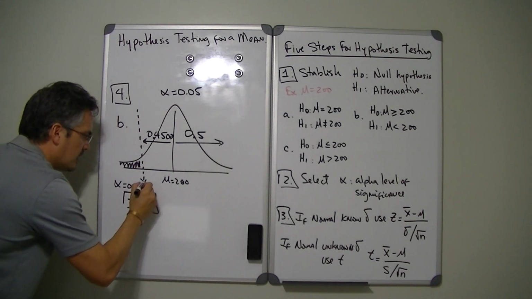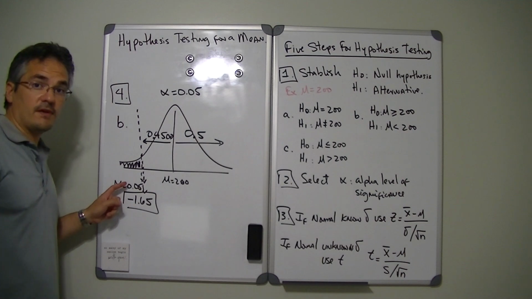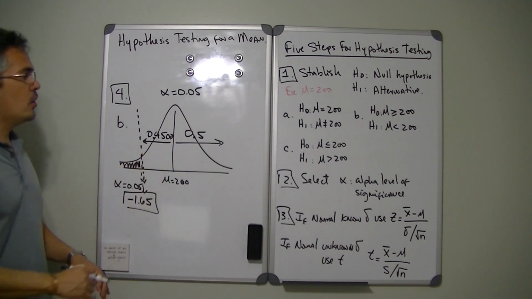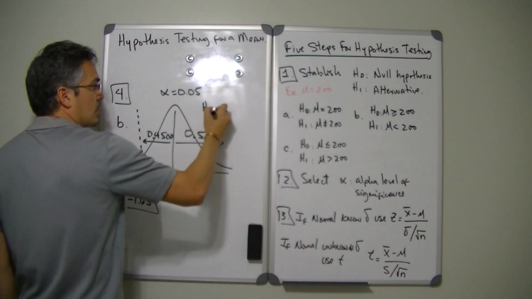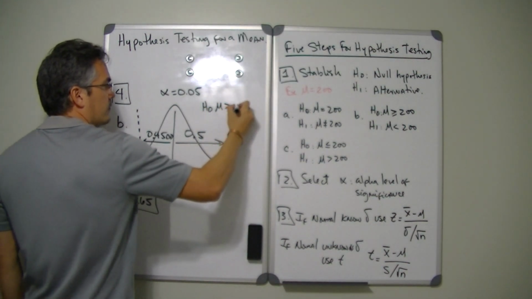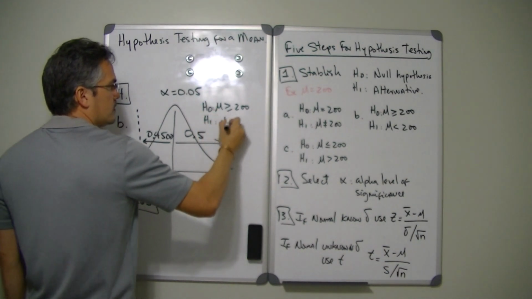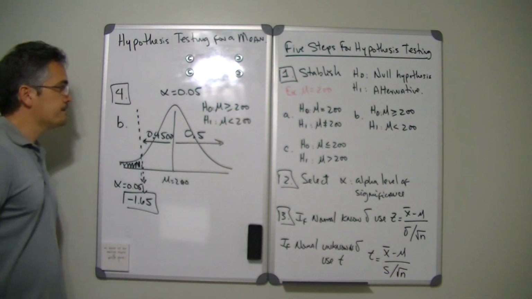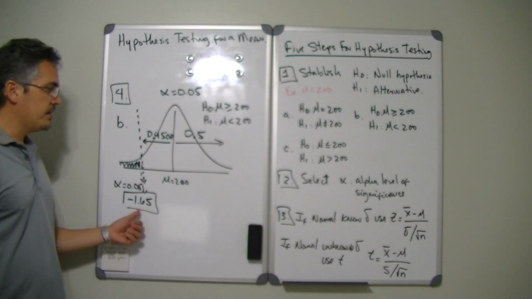That's going to be our critical value with an alpha of 0.05 and a setup of b, which again in this case means I set H0: mu greater than or equal to 200 and H1: mu less than 200. And again, that's how you find that critical value there.